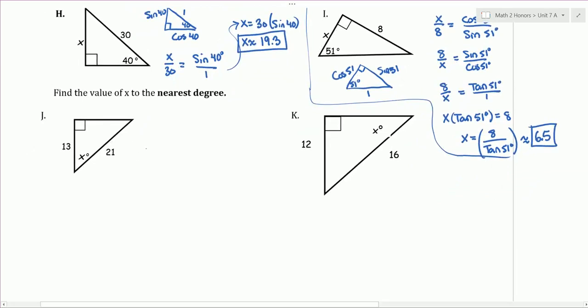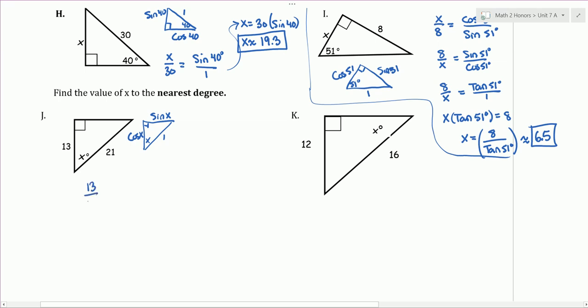Next one, I'm going to set up a triangle that's similar to it. We have angle x here, 90 degrees. This hypotenuse is 1. This is the sine of x. Here's the cosine of x. So I want to set up a proportion of side lengths.